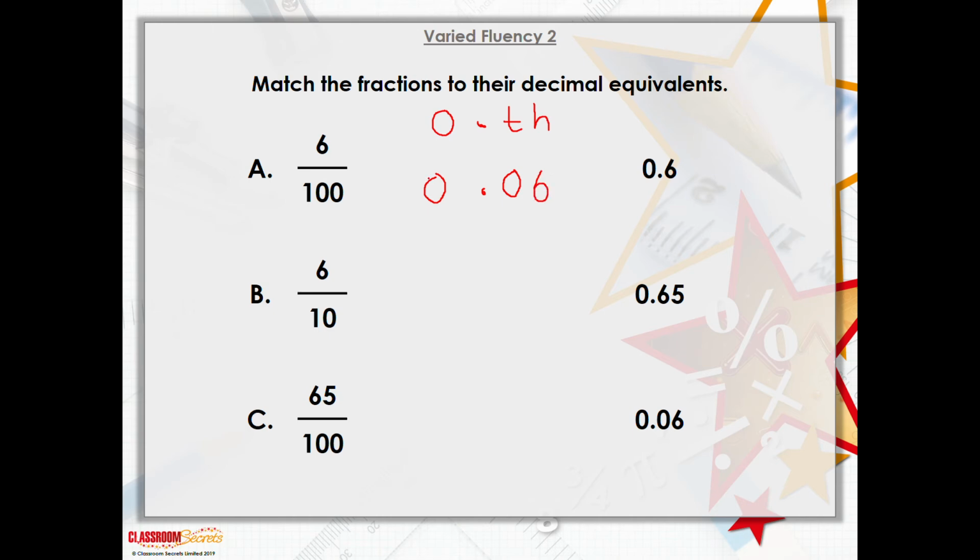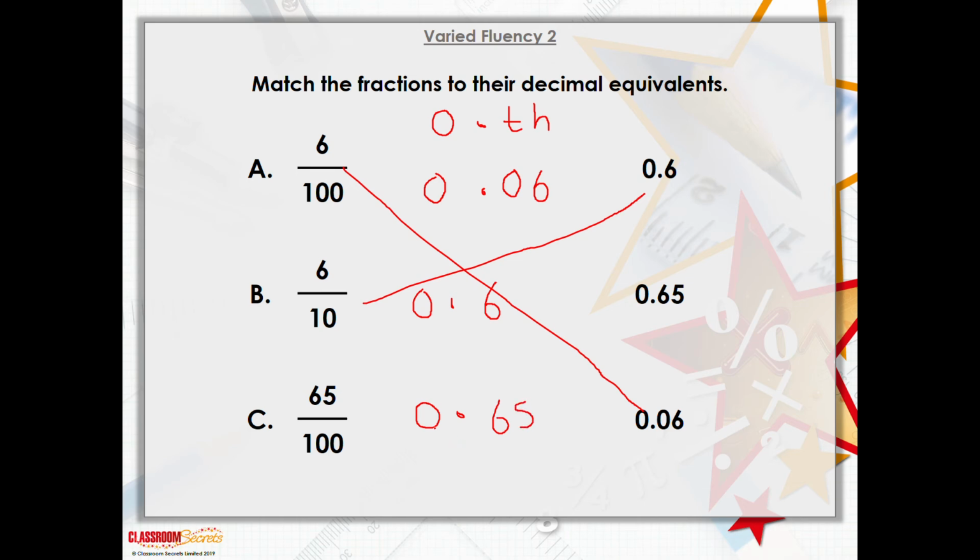So my first answer for 6 hundredths is 0.06. My next one, 6 tenths. Again, ones. I'm going to place a 6 in my tenths. So 6 tenths is actually 0.6. My final one is 65 hundredths, which is 6 tenths and 5 hundredths. 0.65.